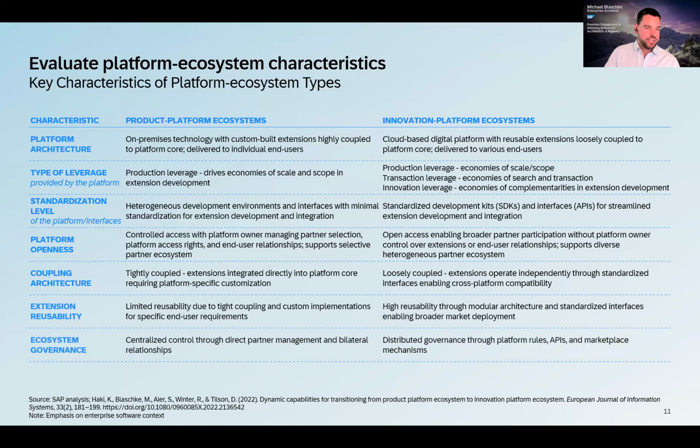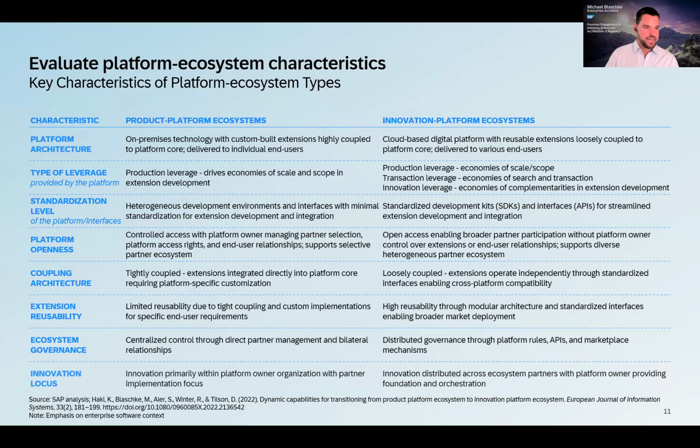Then ecosystem governance is a characteristic. This is centralized control in the old world, but really more distributed, decentralized governance in IPEs, and ultimately the locus of innovation.